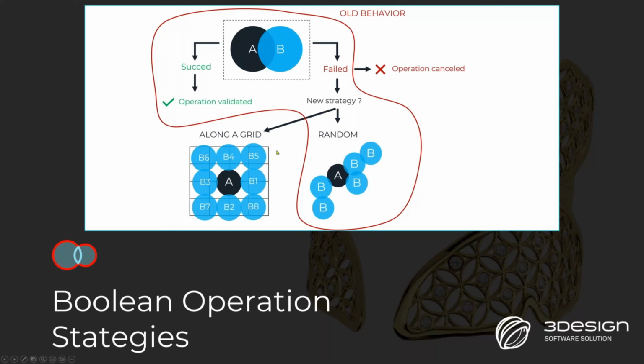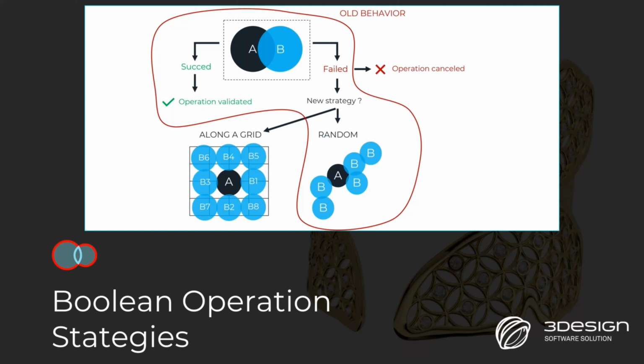In V11, we've got two new strategies that it's going to try for you. The default would be the random strategy and then along a grid. It's pretty technical, but basically when you have a Boolean, it's going to try to move some edges and surfaces around slightly if they're having problems. It will randomize the order that it's trying to cut those surfaces and things like that.